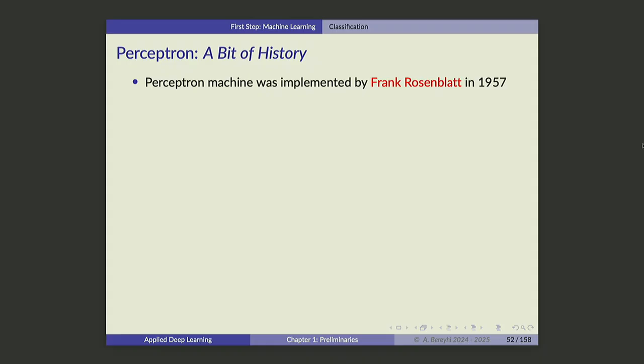And this was a kind of breakthrough. He also wrote a complete survey in 1958 describing how the perceptron is going to be a road towards artificial intelligence, like building machines that are able to decide and think.